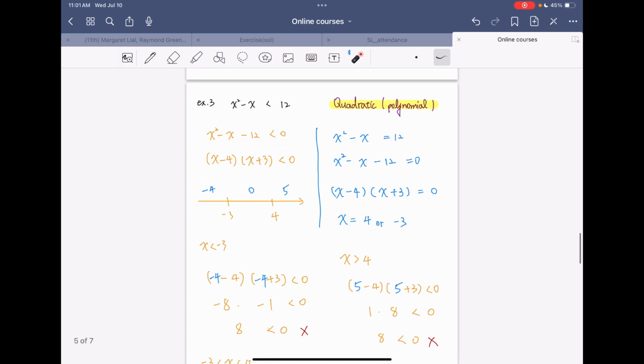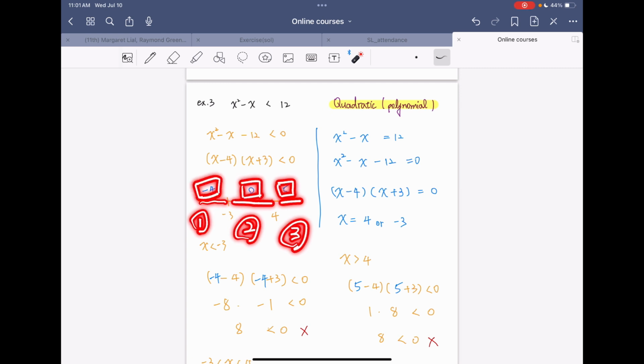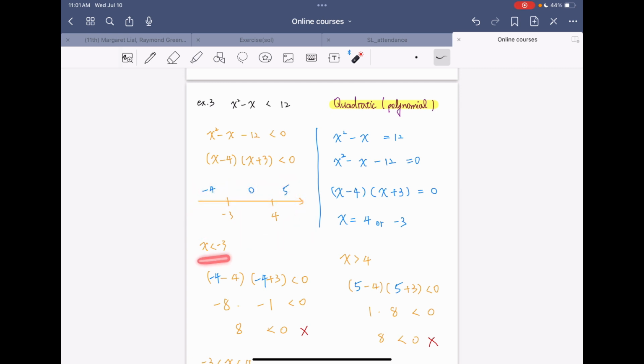Then we got this point, we draw it on the figure line. We can cut the line into different areas, and we can know, okay, so this is area 1, area 2, area 3. We pick the number from those areas, okay, and we verify them one by one.